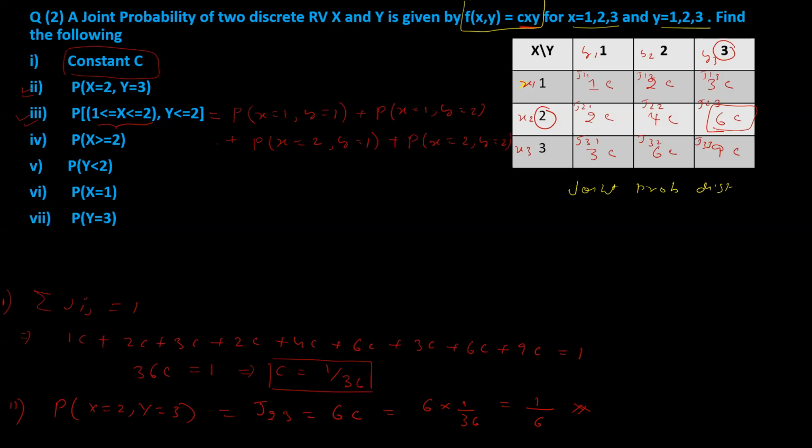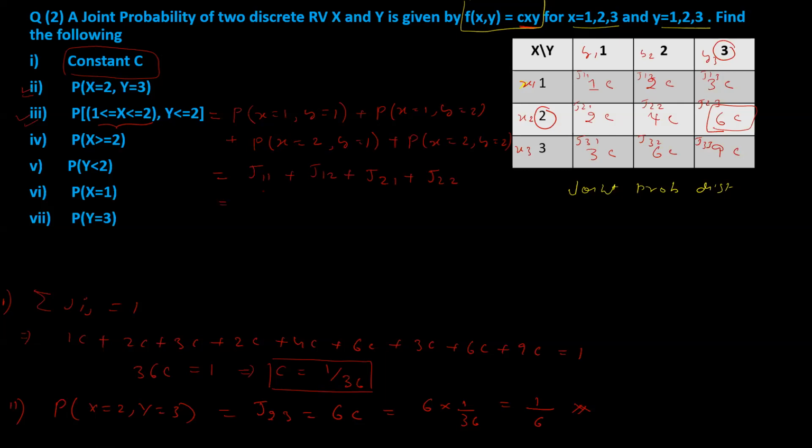These are the only possibilities you have. So just take the probability of that. This is J of 1 1, plus J of 1 2, plus J of 2 1, plus J of 2 2.